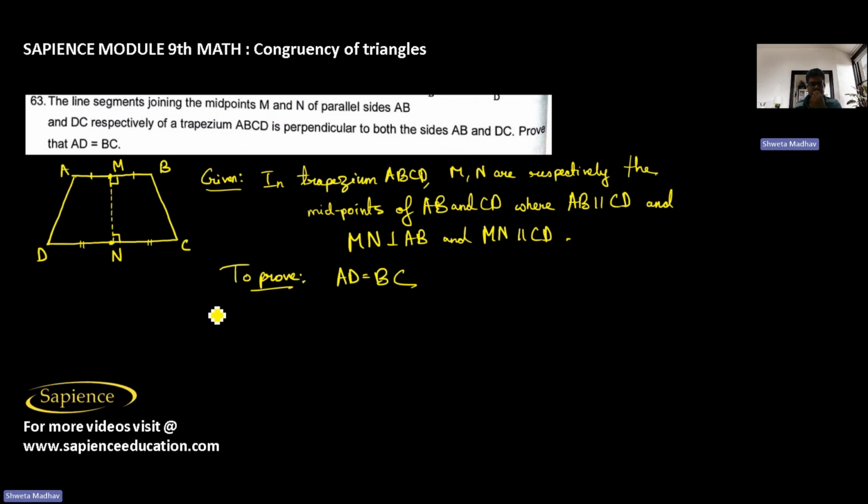How to prove? So now we can join AM and BN... sorry, AN and BN.